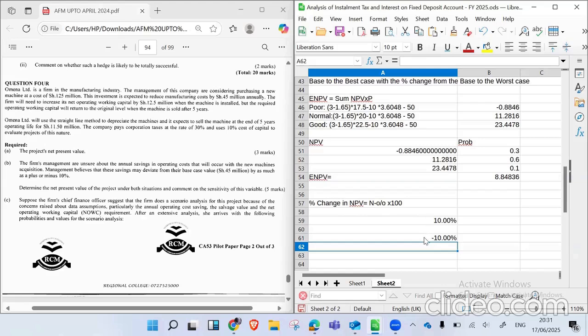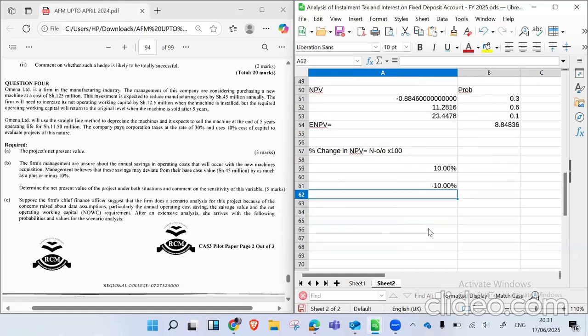You'll have the new NPV minus the old NPV of part A divided by the old. That will be the sensitivity. So to comment is just to make a statement of your answer: NPV changes by this percentage.